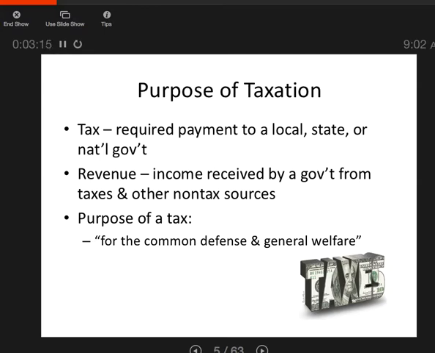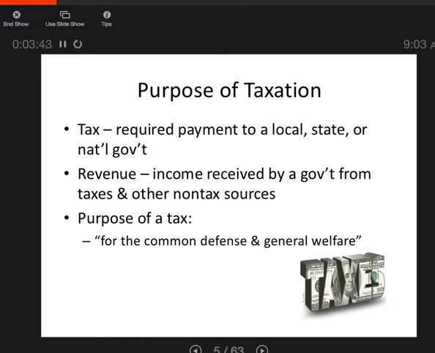In the Constitution, this clause gives the power to tax for the common defense and general welfare, which is so broad that you could pretty much say anything could be created for a tax for this reason. The idea for the common defense, that's military, that's our borders, that is National Guard, that is for defense reasons.